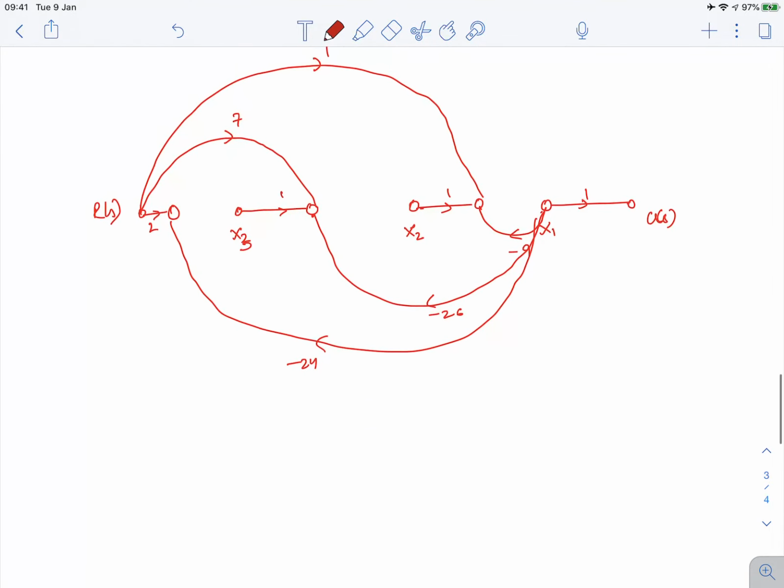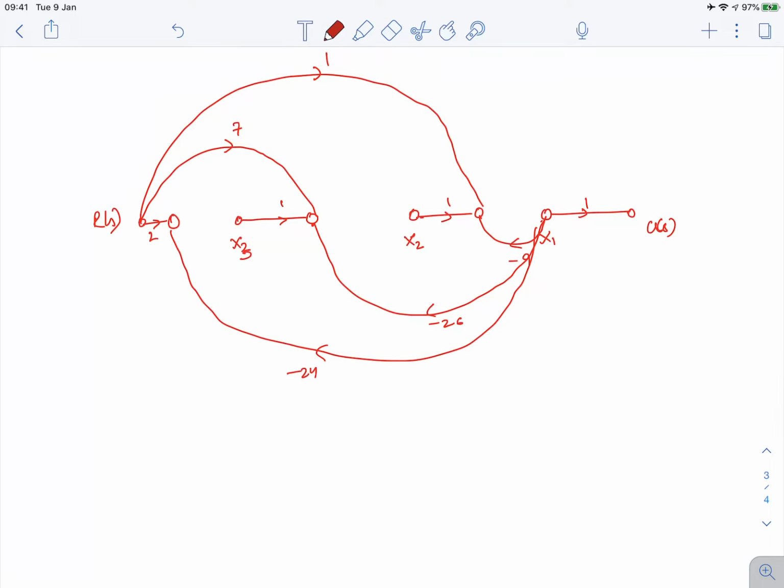So from this diagram I would have x1 dot of s minus 9x1 plus x2 plus r, x2 dot of s minus 26x1 plus x3 plus 7r, and x3 dot of s minus 24x1 plus 2r, and the output equation, which is c of t, is x1 only.